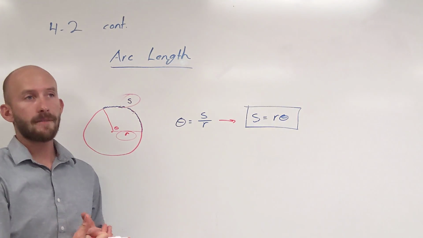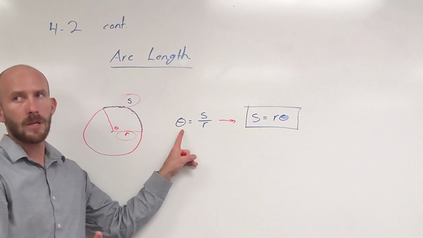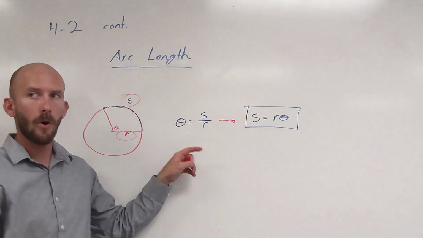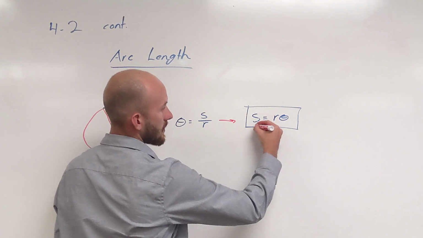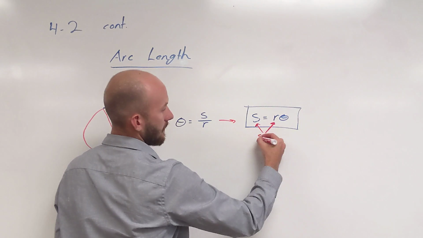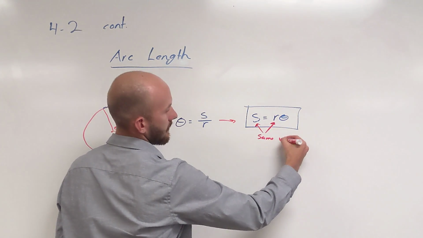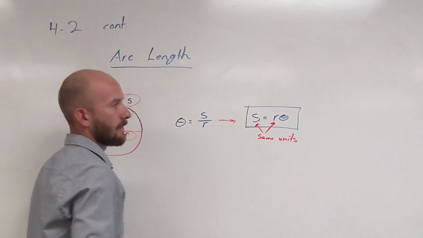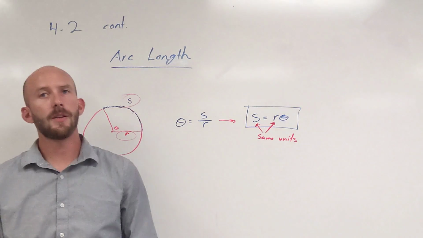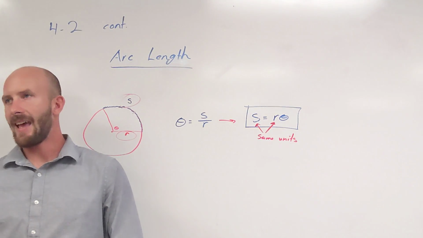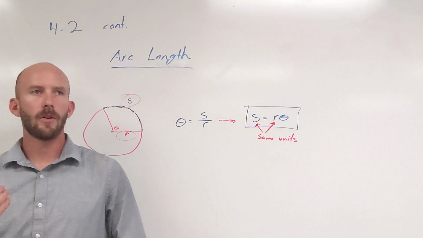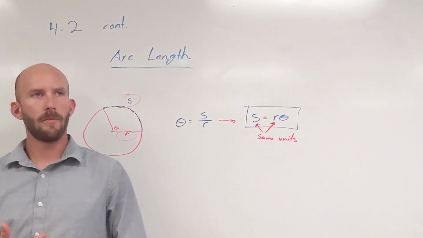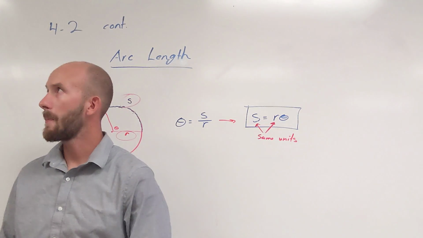In order for this to be true, where this is just a ratio, they have to be in the same units. So if our radius is measured in inches, S has to be in inches. If our radius is in millimeters, then S has to be in millimeters.